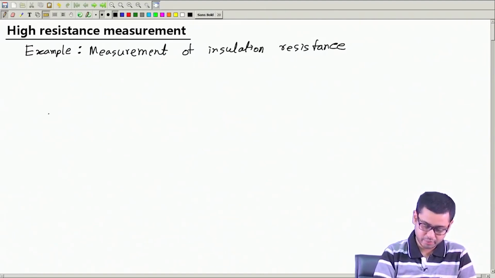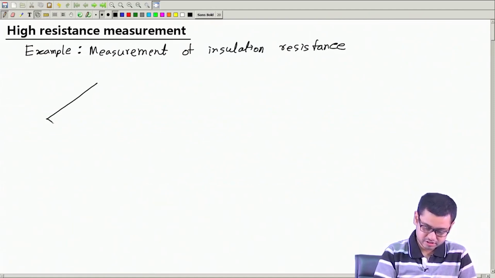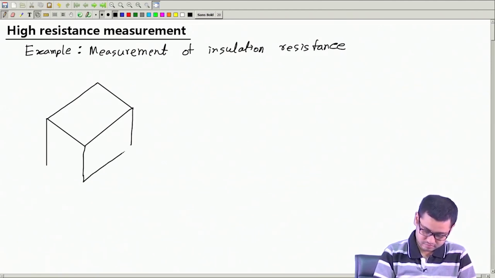Now, suppose I have a block of insulating material. Okay. So, say I have a rectangular block of insulating material which is like this. Okay.